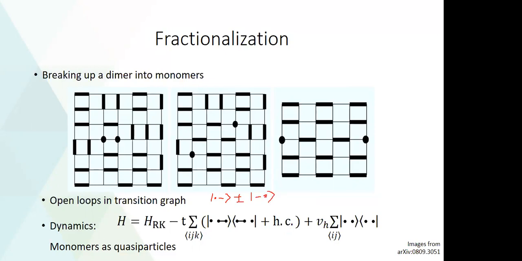So despite the fact that we started with a phase or sign ambiguity of each dimer configuration, when we wrote down this specific operator, we somehow constrained this phase.